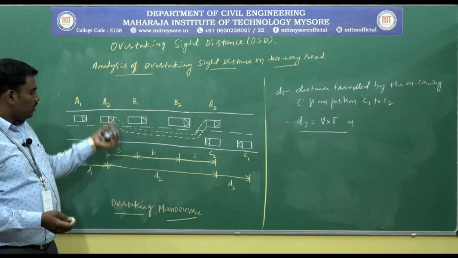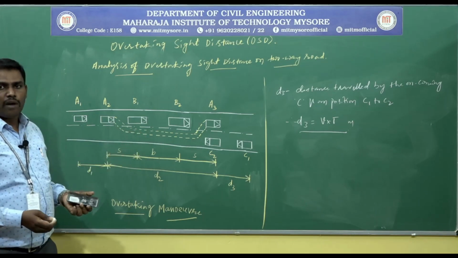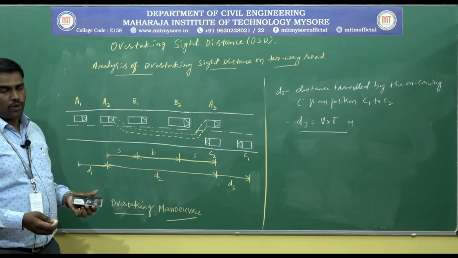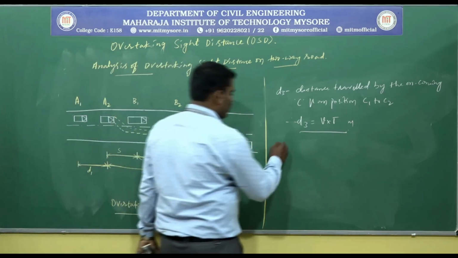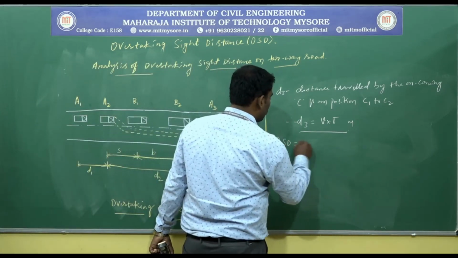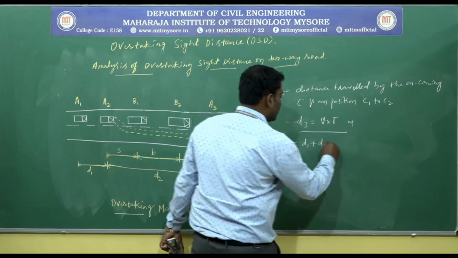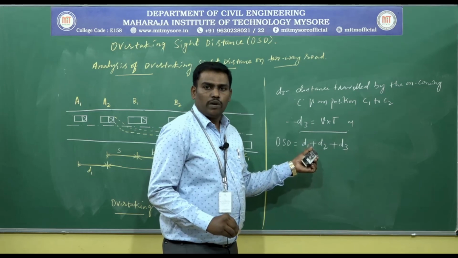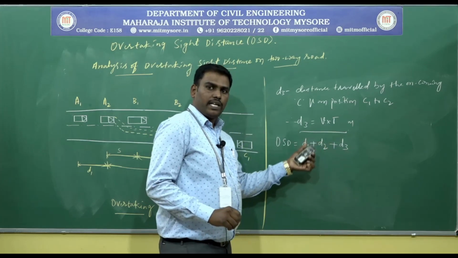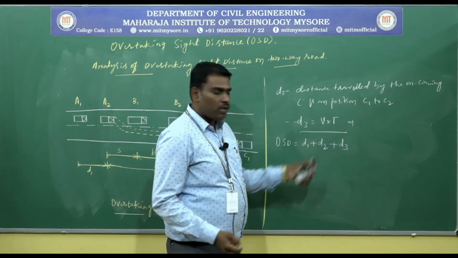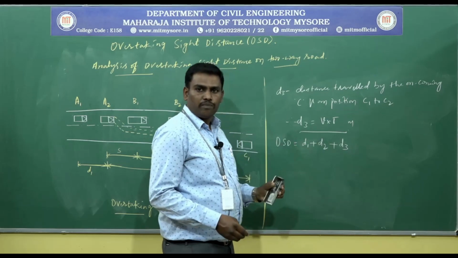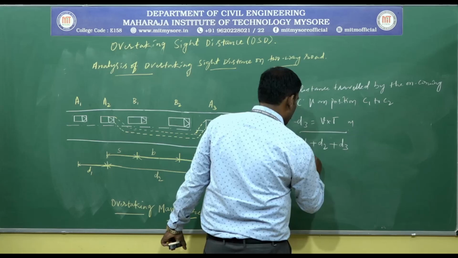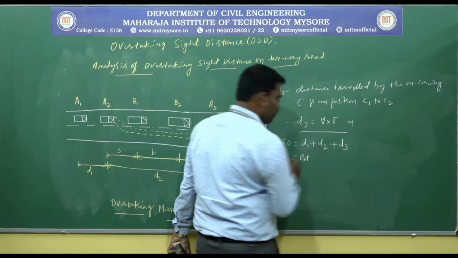Okay, and this is the overtaking maneuver or overtaking operation for two-way traffic on a two-lane road. For that, the overtaking sight distance OSD is equal to d1 plus d2 plus d3. This is the overtaking sight distance for two-way traffic on a two-lane road. But if it is one-way traffic on a two-lane road, then it is d1 plus d2 only. What is d1? It is Vb into small t.